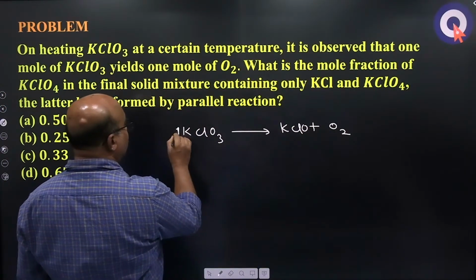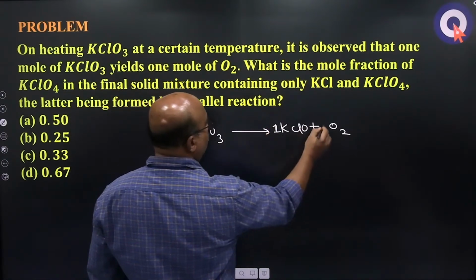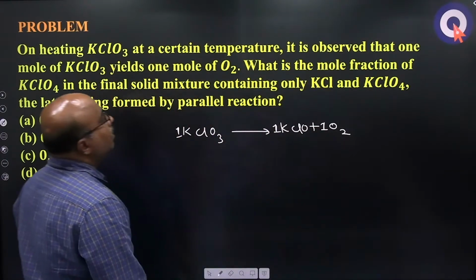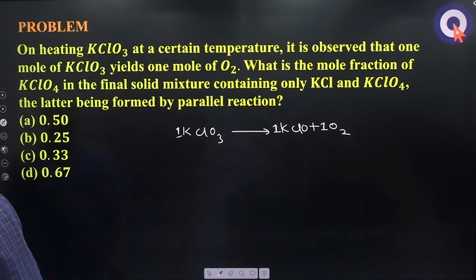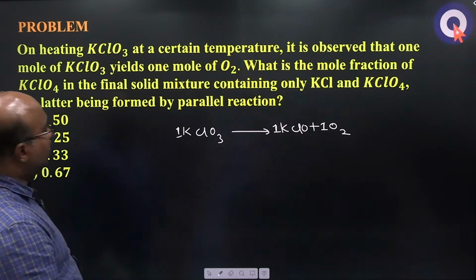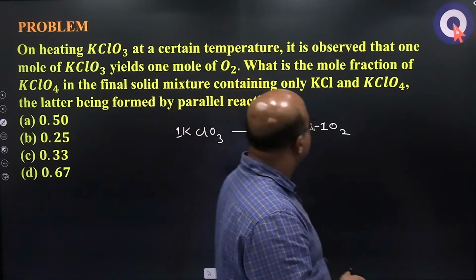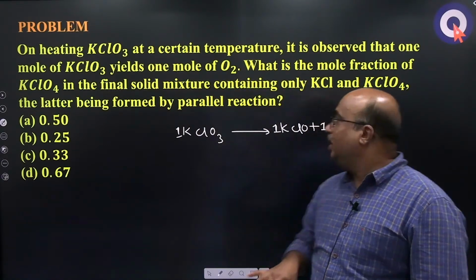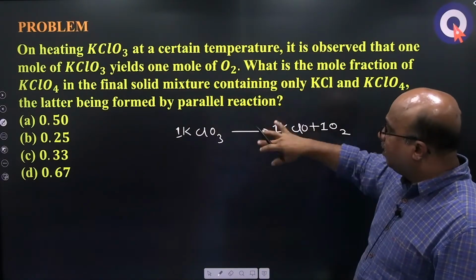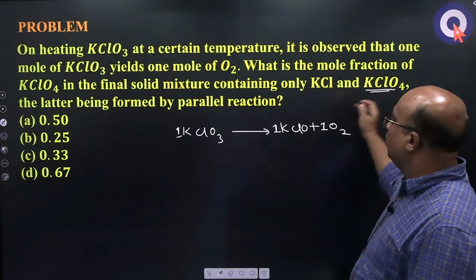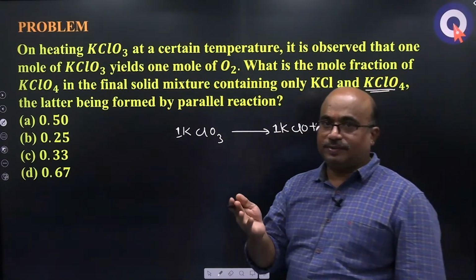So 1 mole is giving 1 mole of this and 1 mole of this. What is the mole fraction of KClO4 in the final solid mixture containing only KCl and KClO4, the latter being formed in parallel reactions?